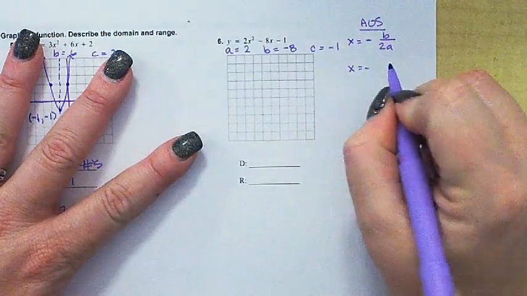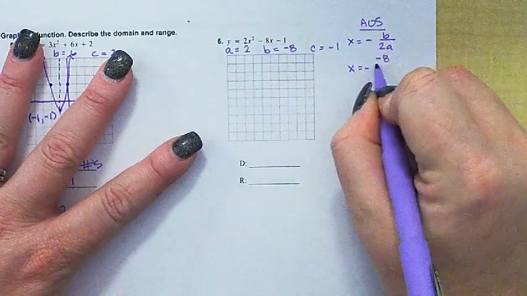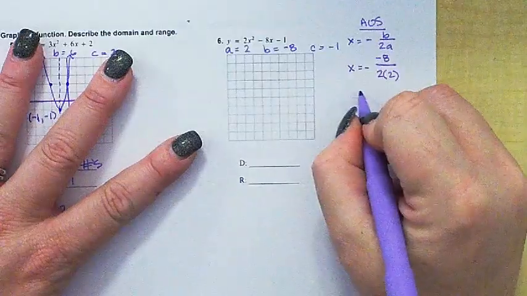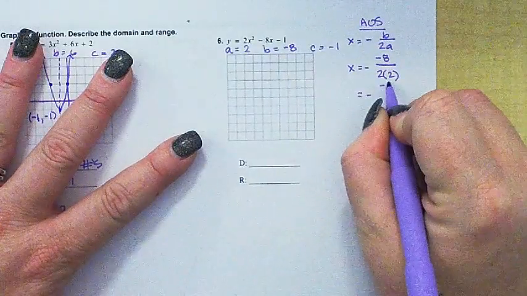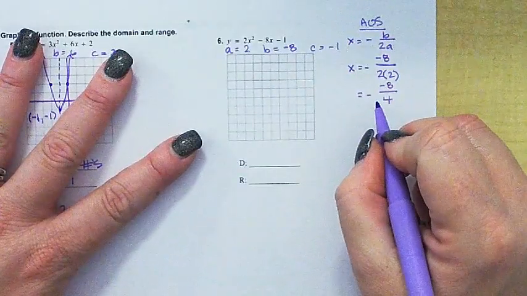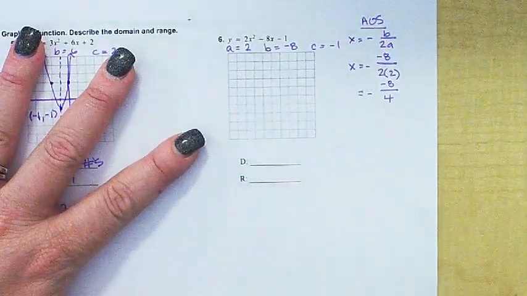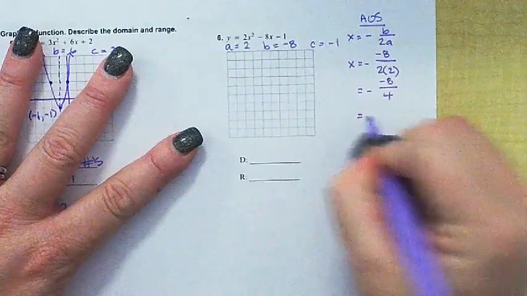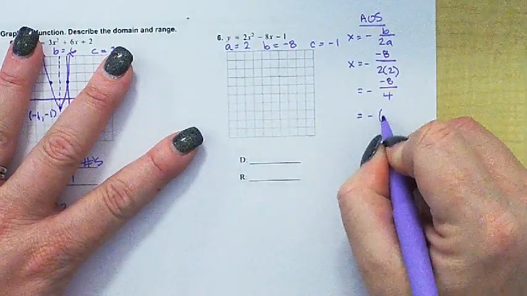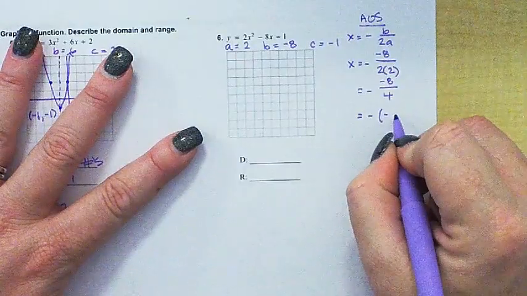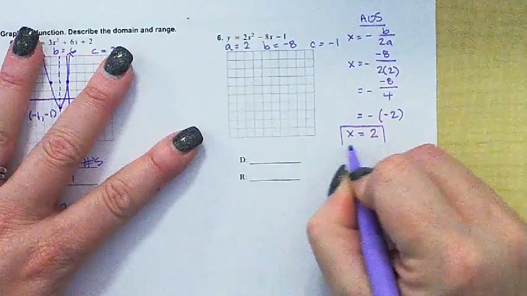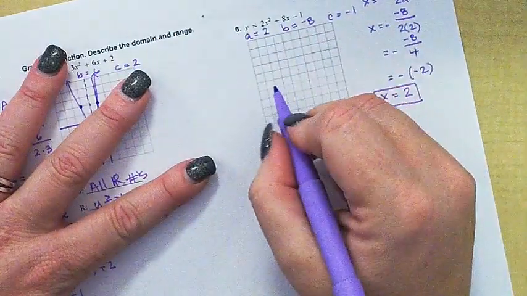So we have x equals -8 over 2 times 2, which is going to give us -8 over 4. And that will give us a -2, which means x equals 2. And again, we're going to come over here.